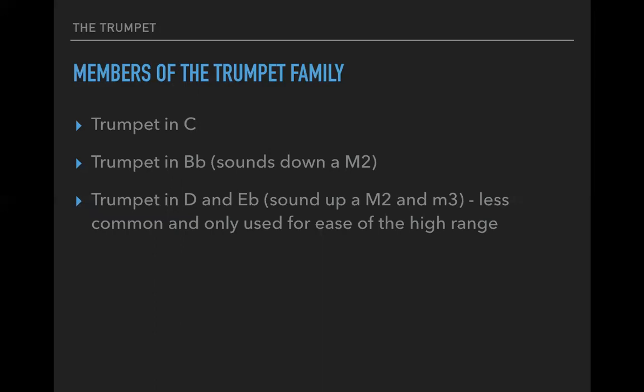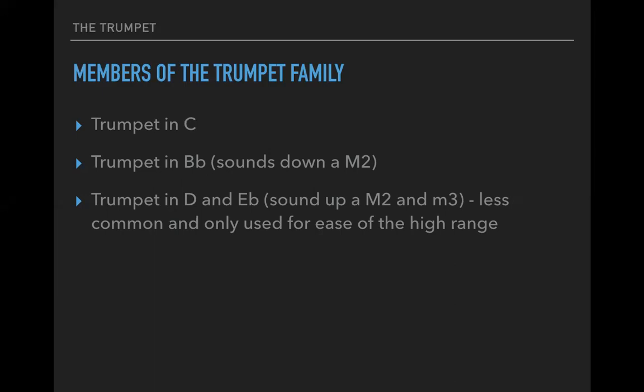So you can imagine this would be very useful if you had a piece, let's say in G flat major. You really had to have this key. You cannot have it be F major or G major. Well, you could consider using the trumpet in E flat. This would potentially help you. That would be in E flat major, sounding up a minor third.